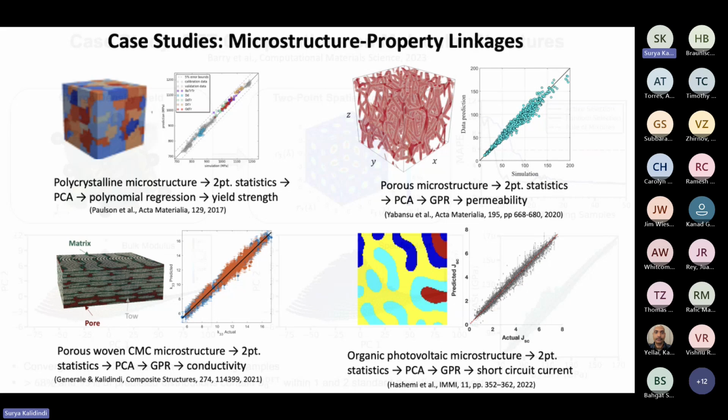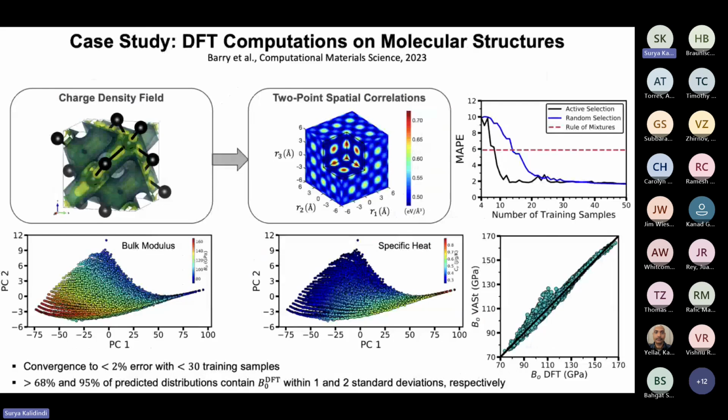Some of these models have to do with flow, permeability. Some of them have to do with mechanics. Some of them have to do with electrical short circuit properties. It doesn't matter what the properties are. Pretty much the same general framework is able to produce emulators for all of them. With that, I'm going to move to the next one.